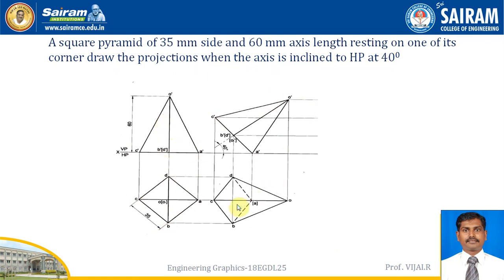But here what we have to see, very important thing is the axis is inclined to HP at 40 degree. So axis is inclined to HP, but this slant edge is not 40 degree as in the case of prism. In case of prism, you have taken this slant edge at 40 degree and you have done, but here it is not possible. It is not correct one.